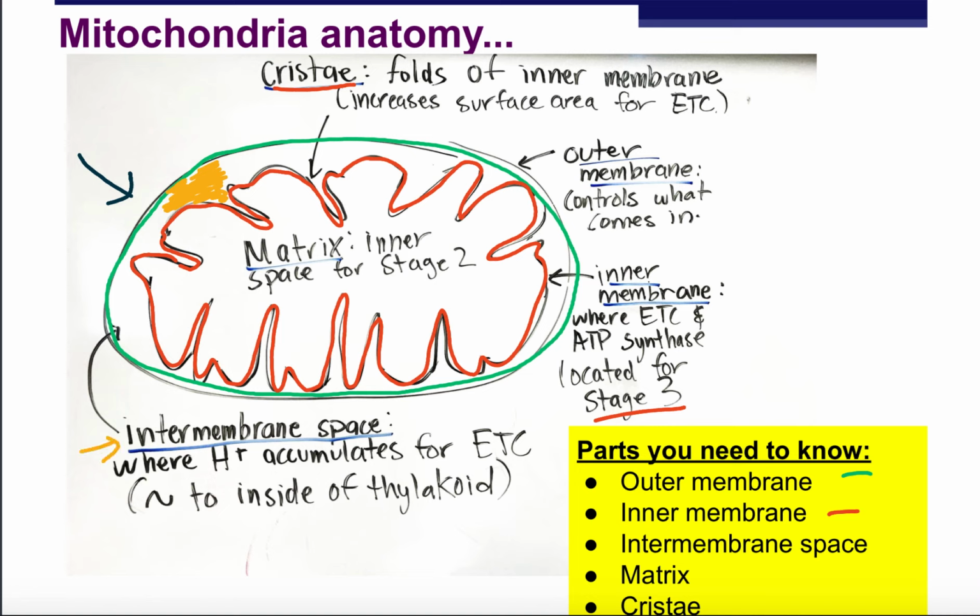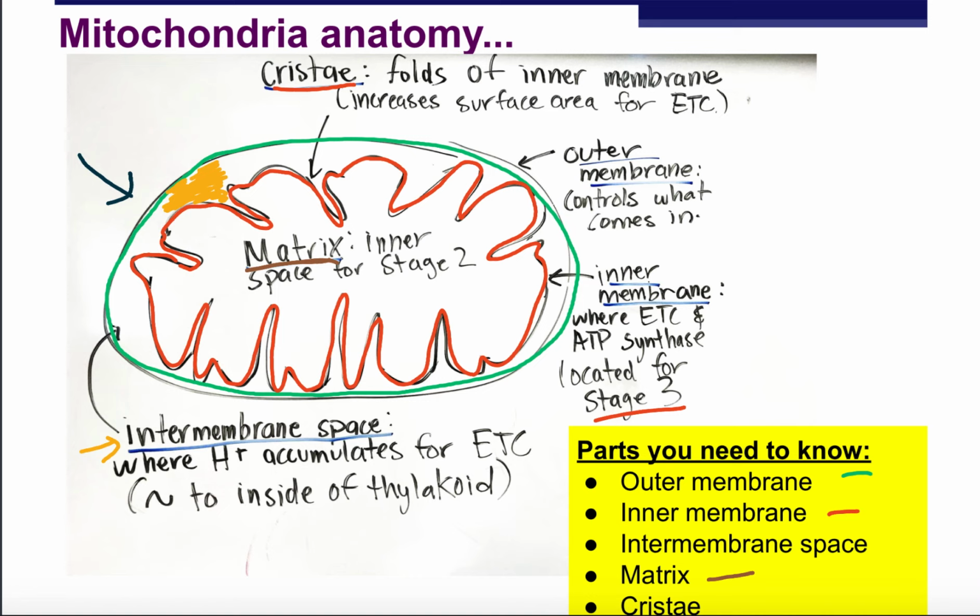Inter, like intermediate, means between two things, so intermembrane means between the two membranes. And finally, the last space or chunk of the mitochondria that we should know is the matrix, and the matrix is the very inside middle of the mitochondria, and that's actually where stage 2 happens, the stage after glycolysis, and that's the inside space.